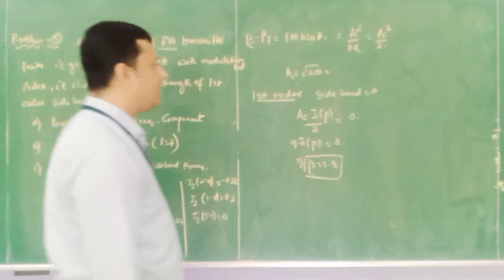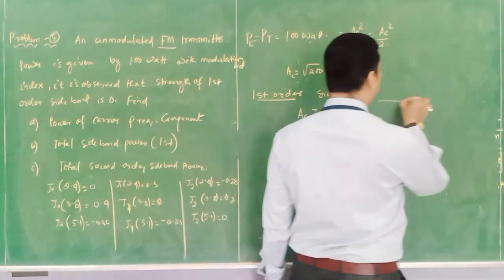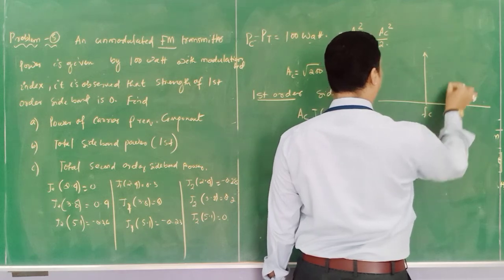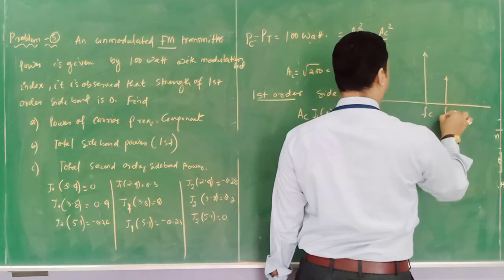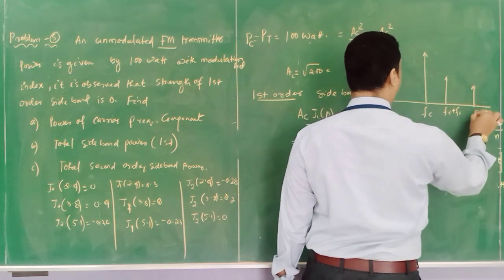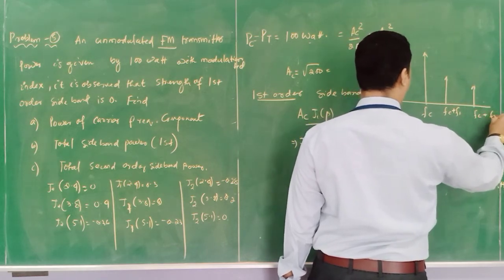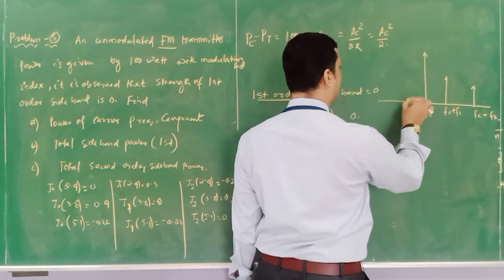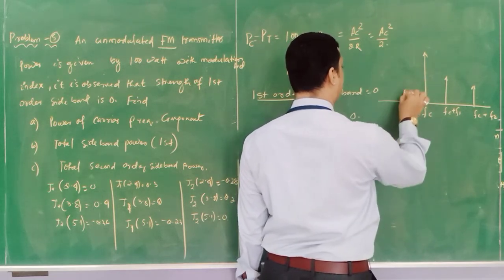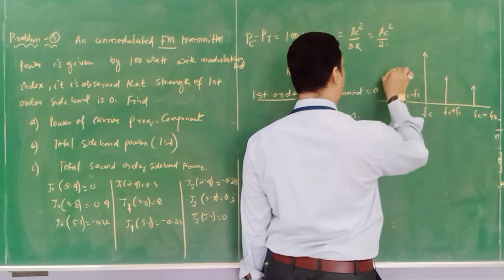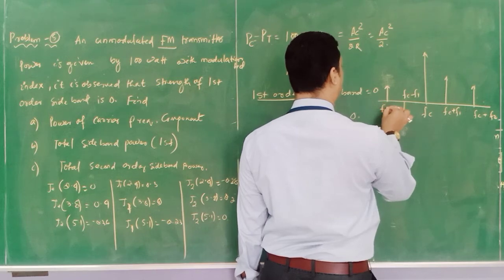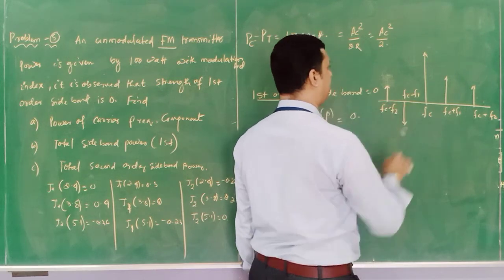Before that, I am representing the frequency spectrum so that it can be analyzed. So it is Fc plus F1 and Fc plus F2. Similarly, odd will have the negative frequency Fc minus F1 and the even will have the positive Fc minus F2.